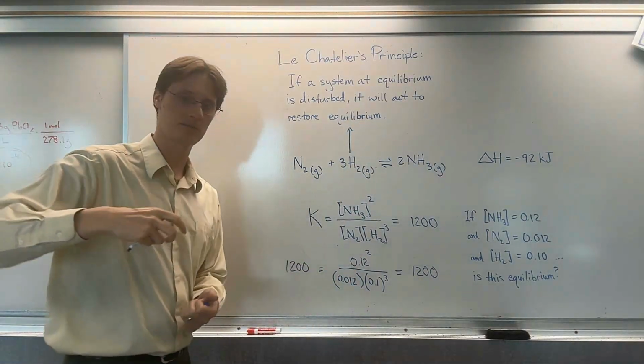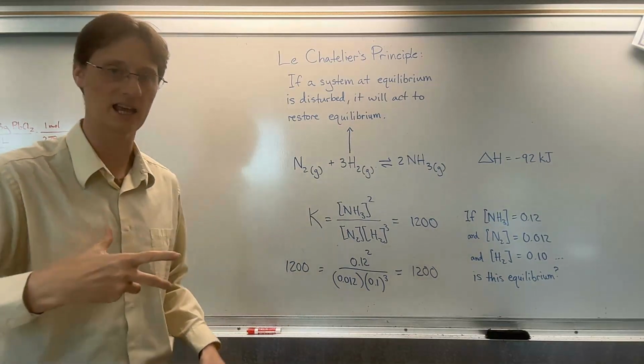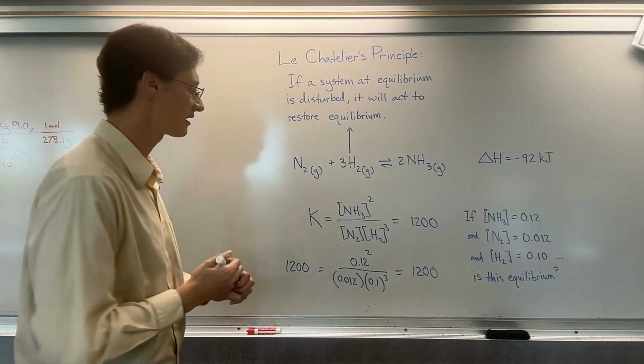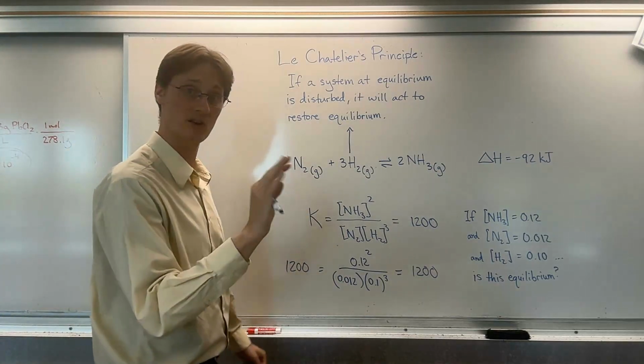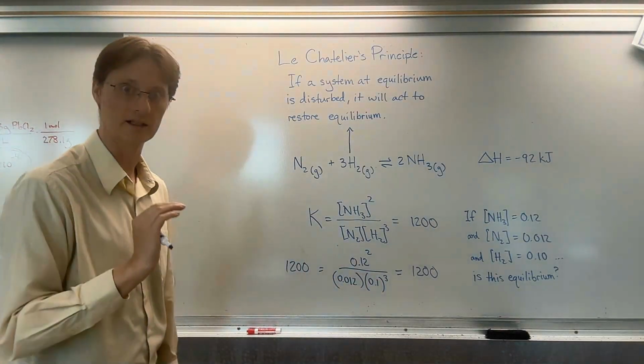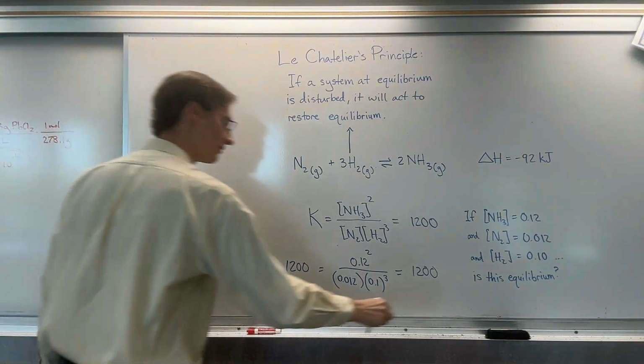These are gases, so dump in is probably the wrong word, but you've got a gas syringe and you squeeze in a whole bunch of hydrogen. Let's say that you put in so much hydrogen that now this concentration is 10 times larger than it should be. Well, let's see what that does.